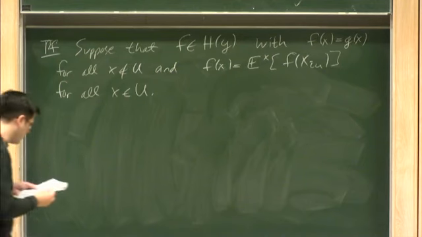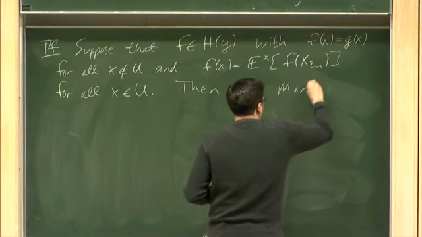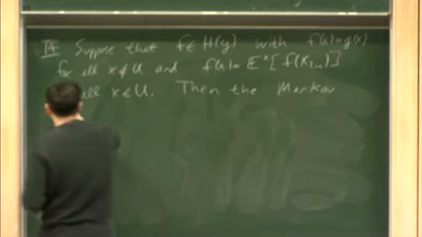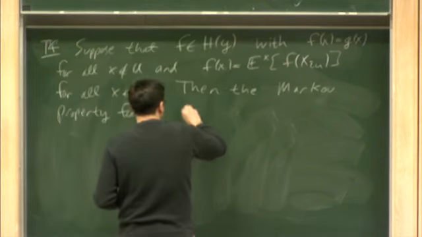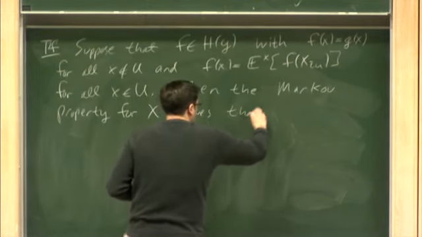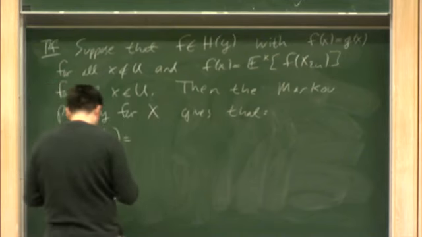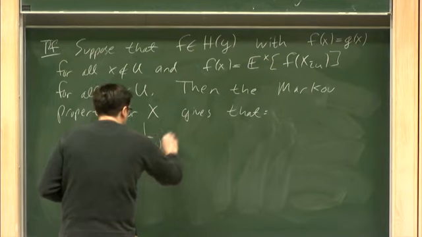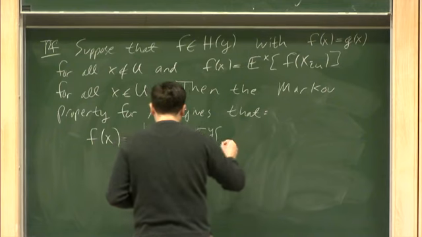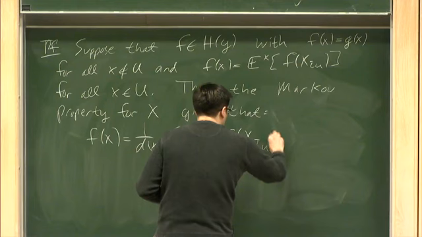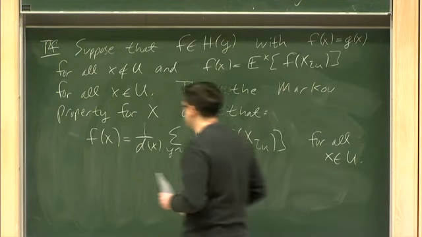Then if you just apply the Markov property for X, what you get is that f of x is equal to 1 over d of x times the sum over all y which are adjacent to x of the expectation starting from y of f of X tau U. And this is true for all x in U. Okay.